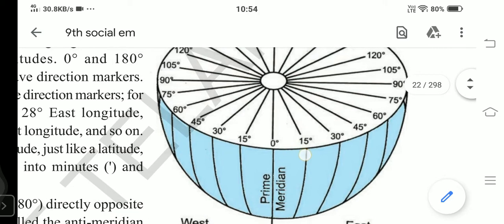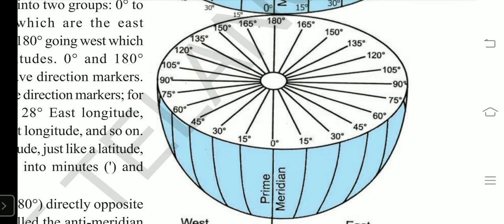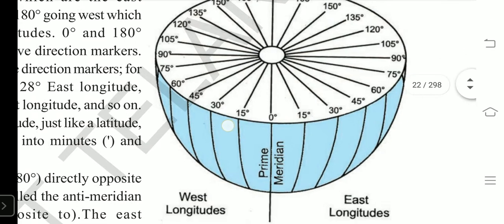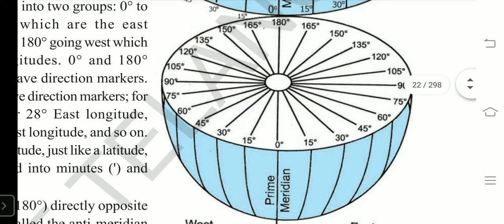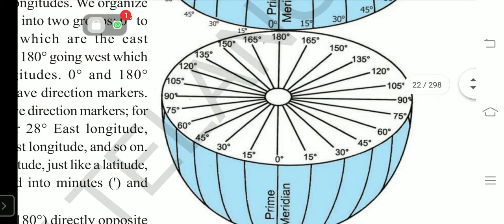Understand? Suppose we want to say 45 degrees in the west, then we have to mention 45 degrees west longitude. If you do not mention either east or west, then it will not be considered a longitude. We compulsorily have to mention the directions for longitudes and latitudes. Dear students, latitudes will carry either north or south, because those are horizontal lines, right?